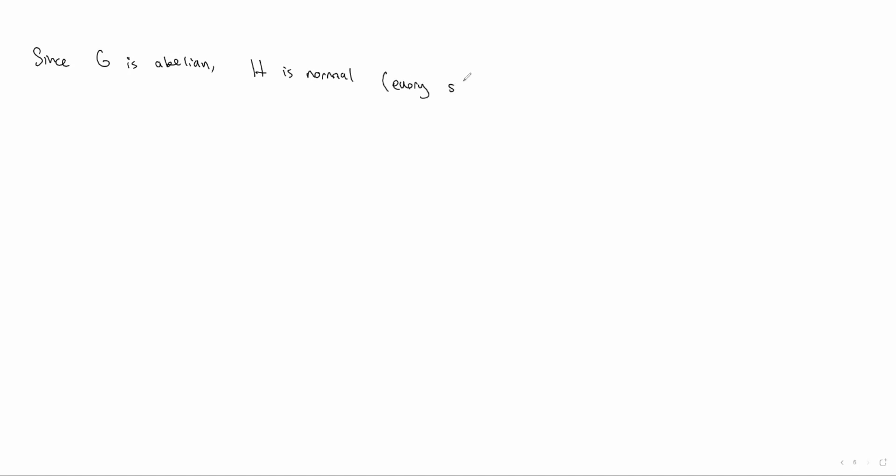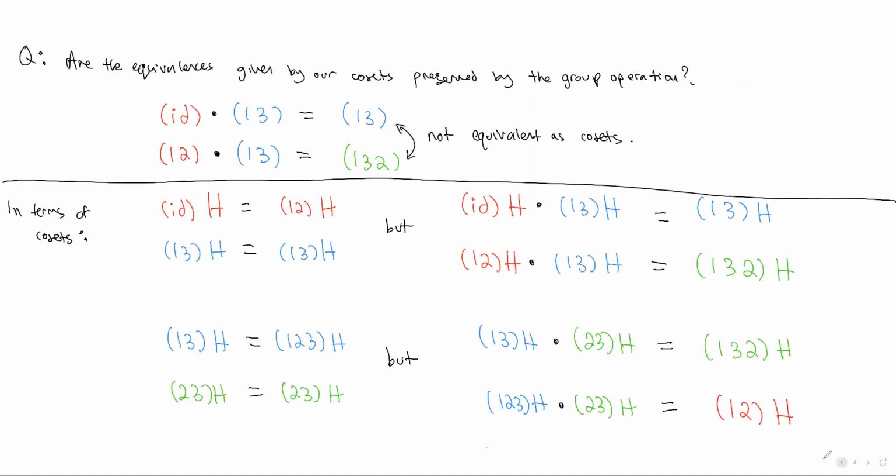Every subgroup of an abelian group is normal. Therefore, G mod H makes sense. What I really mean by that is the thing that happened here won't happen.